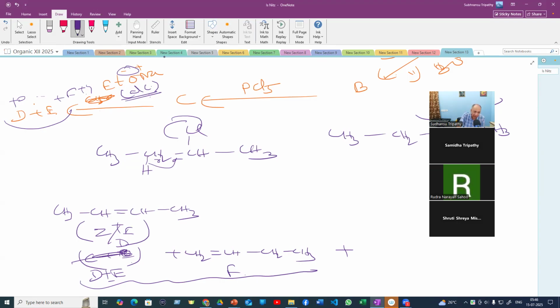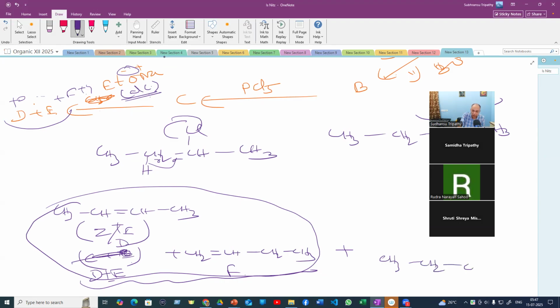Among the elimination products, trans will be major, cis will be minor, and the real minor product, not very minor, but maybe 30% will be substitution SN2. OEt will substitute the Cl, giving you the Williamson synthesis of ether. This is what we can call 2-ethoxybutane or sec-butyl ethyl ether.